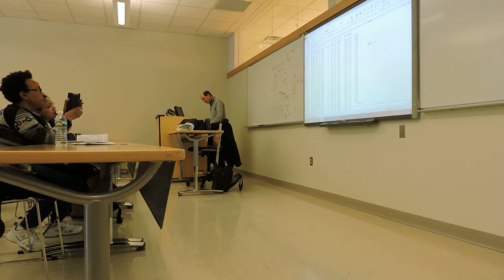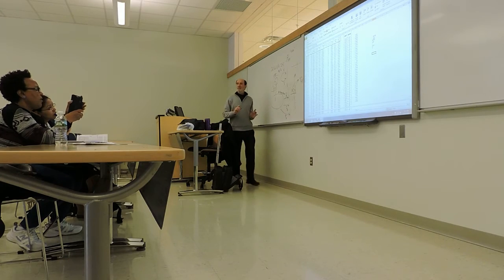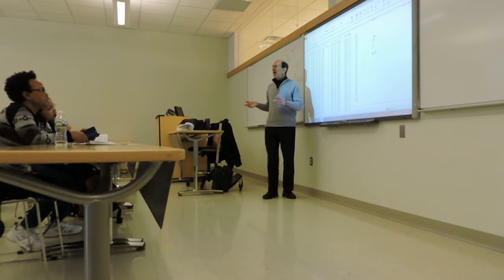Let me save this. When I double click on this, I just have a number. I don't have RAND anymore because I pasted the value in place of the function. And now if I change something over here, those numbers are frozen.